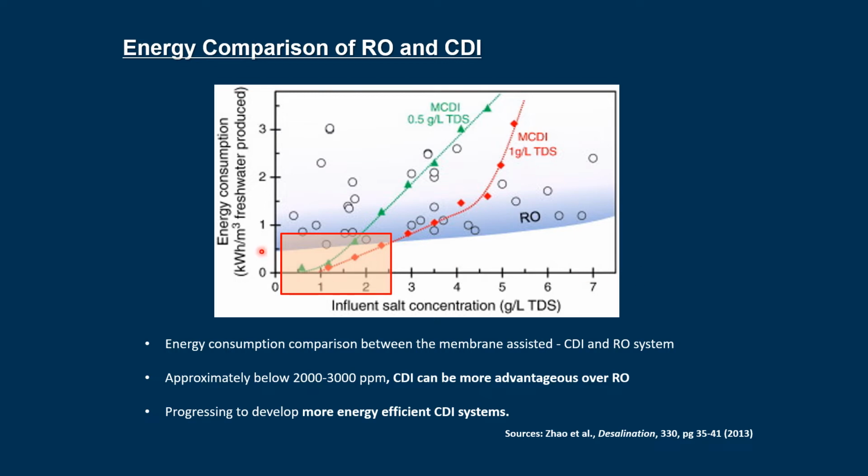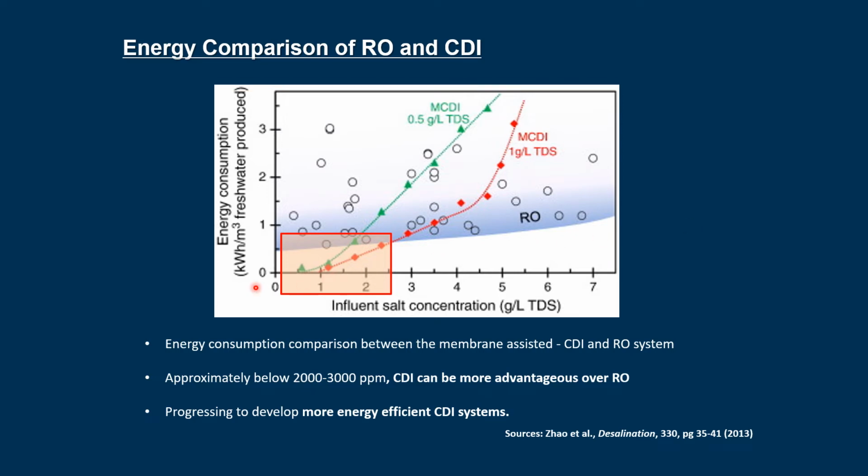If you look at reverse osmosis, when you have 5 gram per liter, it is very consistent at around 0.5 kilowatt hour per cubic meter. When you have seawater concentration, which is 35 gram per liter of TDS, you need around 2 kilowatt hour per cubic meter.